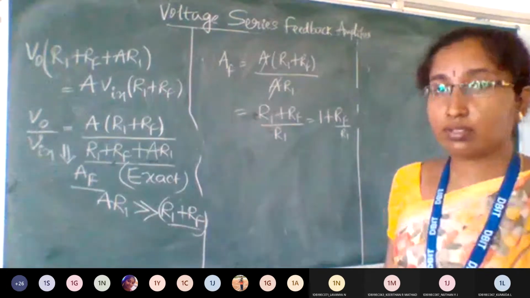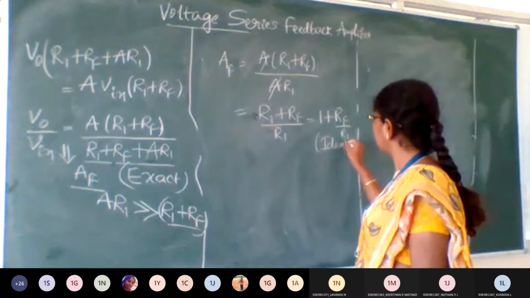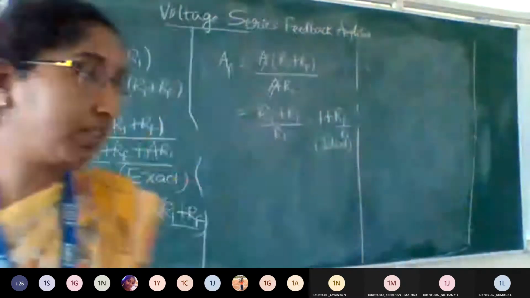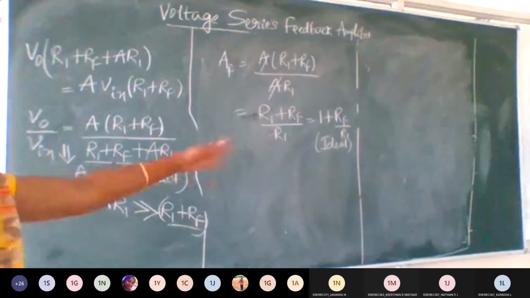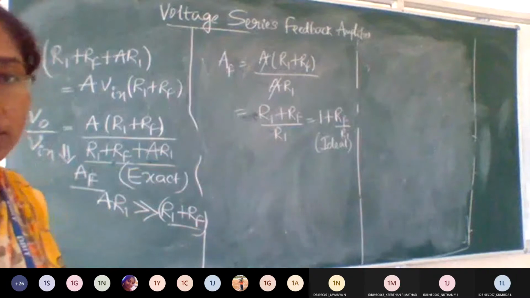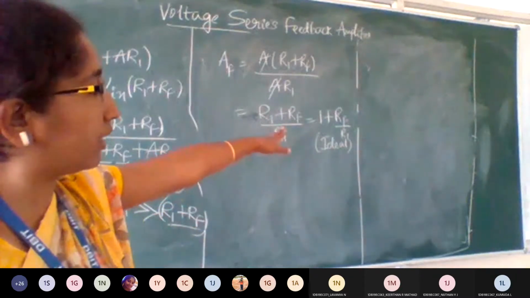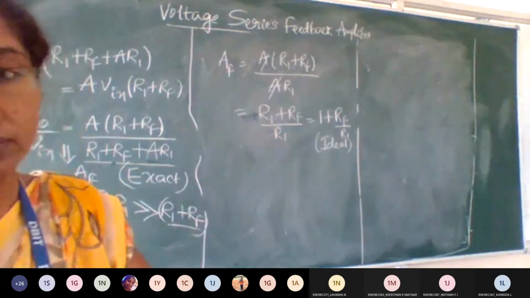Any doubt? So this is ideal, particularly for op-amp. This is according to circuit exact analysis what we have got as the closed loop gain. This is an ideal value, as I showed you yesterday also. So the gain of non-inverting is 1 plus RF by R1. Is this clear?